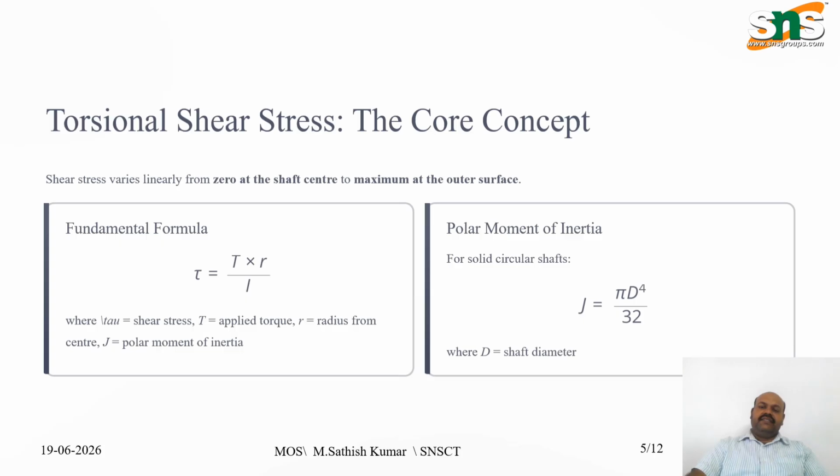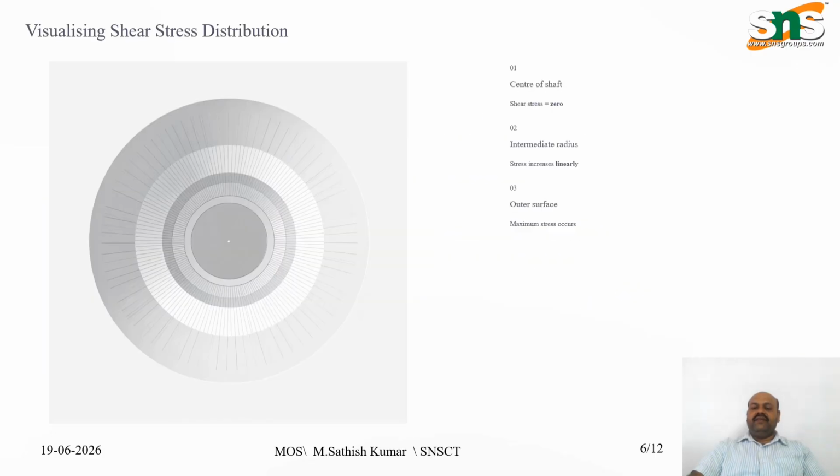So torsional shear stress, we have formula. The fundamental formula is tau equal to T into R divided by J, and polar moment of inertia is nothing but pi d power 4 divided by 32. So coming to the visualization of stress distribution, shear stress is distributed in this way.